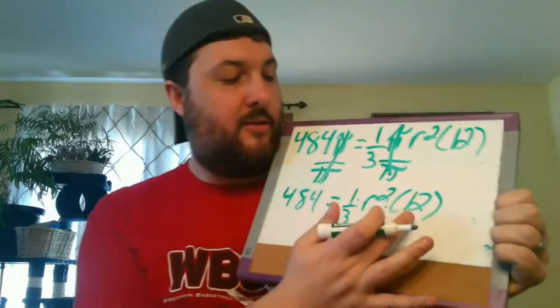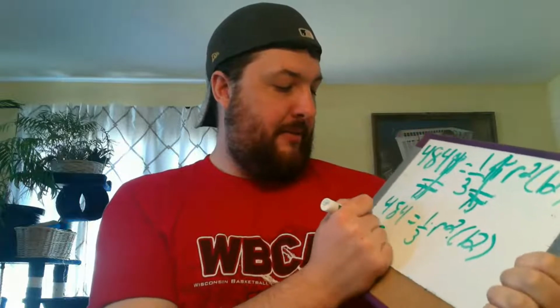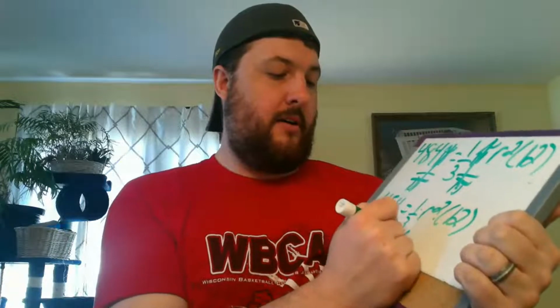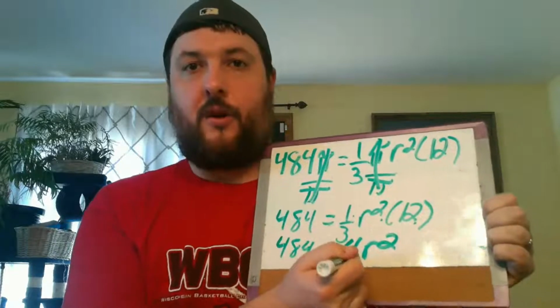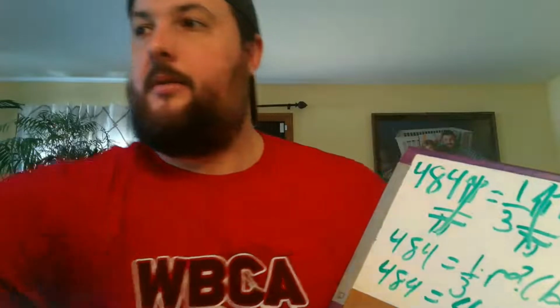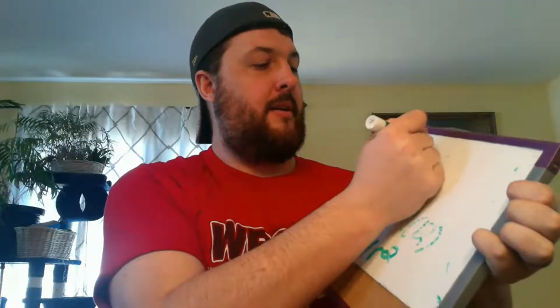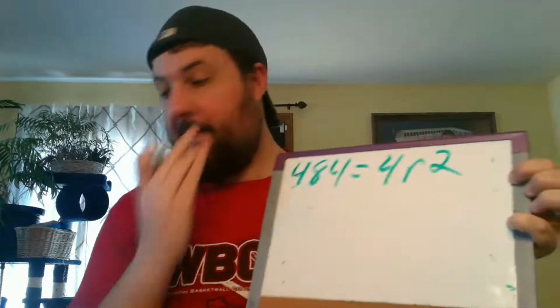So I take the 12 and divide it by 3, or multiply it by 1/3, and I'm left with 484 equals 4r squared, because 12 times 1/3 is 4. So I'm up to here: 484 equals 4r squared.